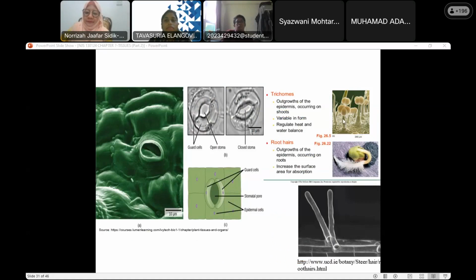You can see here the trichomes are outgrowths of the epidermis, and they regulate heat and water balance. Whereas here the root hairs, an outgrowth of the epidermis also occurring in the roots, increase the surface area for nutrient and water absorption.